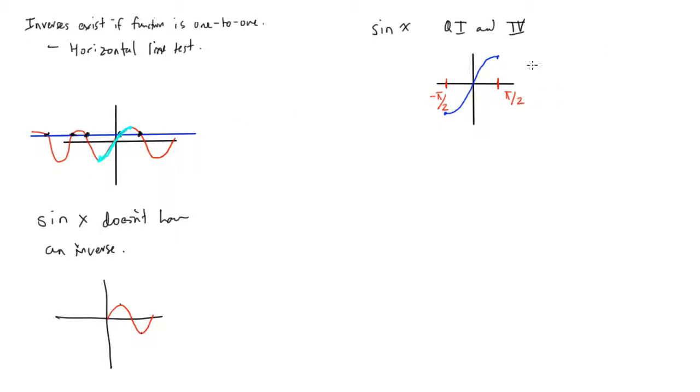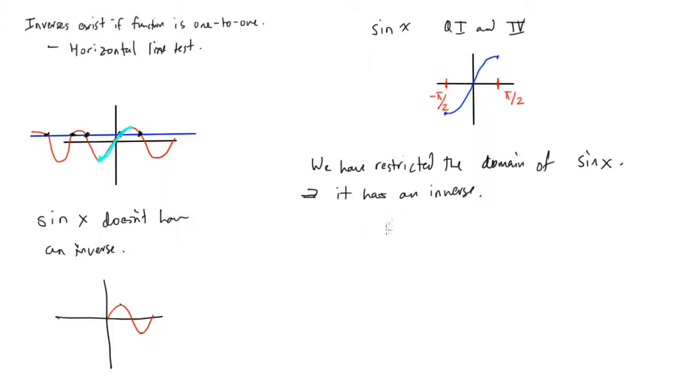And if you notice in this, the graph actually does pass the horizontal line test. Okay, so this restriction of sine, we have restricted the domain of sine of x. And now that we've done so, it has an inverse.